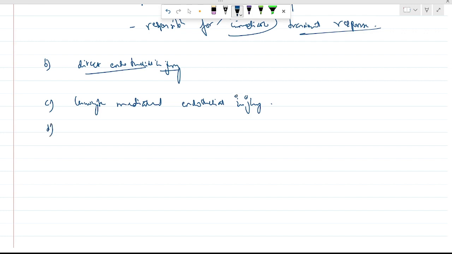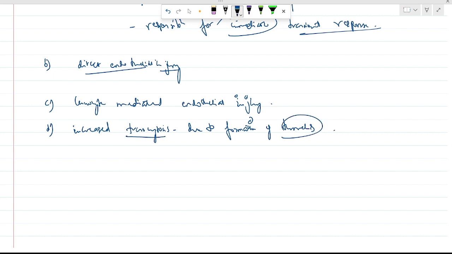And one of the last mechanisms could be increased transcytosis. Due to formation of tunnels, there is increased transcytosis.